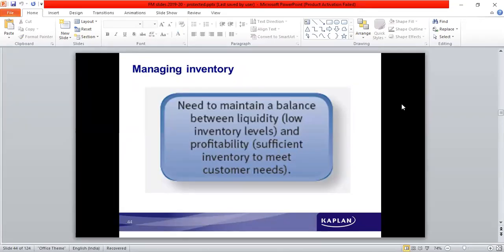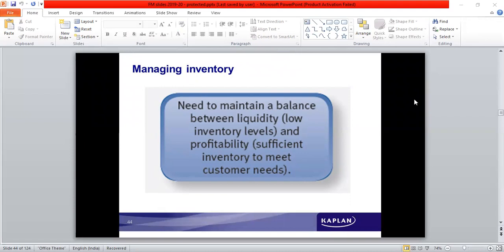Then how is inventory managed? Managing inventory needs to maintain a balance between liquidity and profitability. Sufficient inventory to meet customer needs.